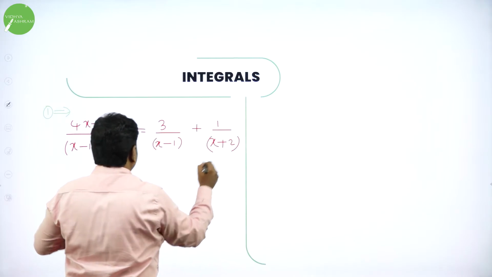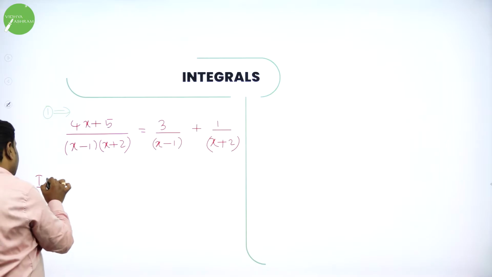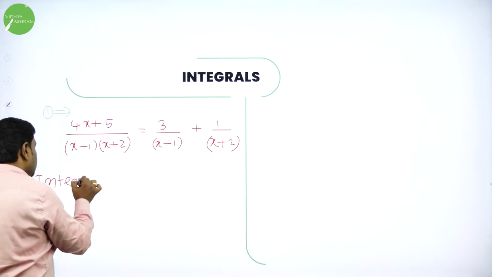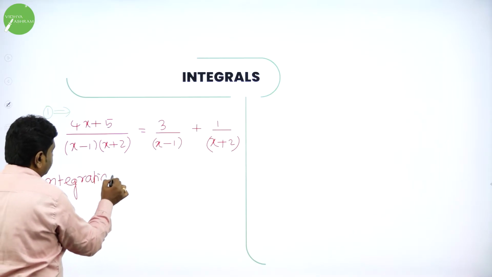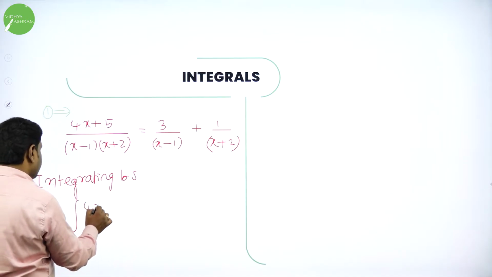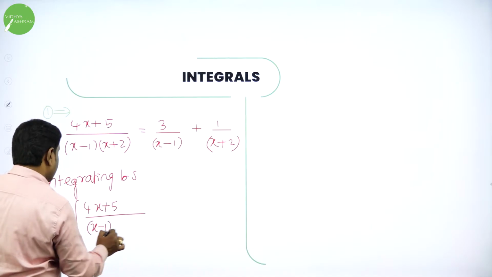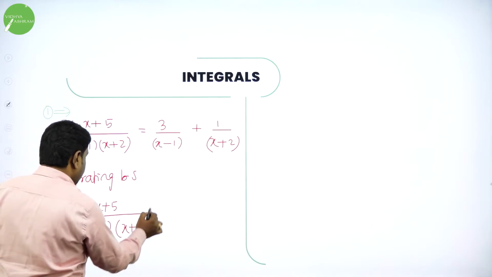See, now this was given, and now integrate both sides. Integrating both the sides, LHS becomes integration of 4x plus 5 divided by x minus 1 into x plus 2 dx.